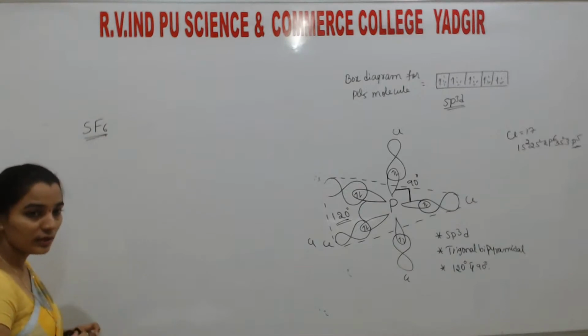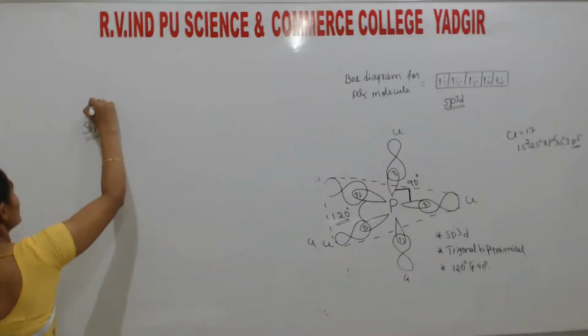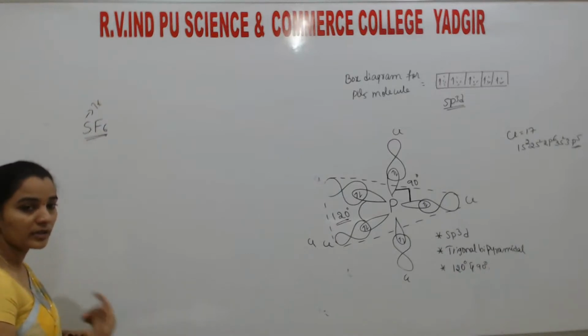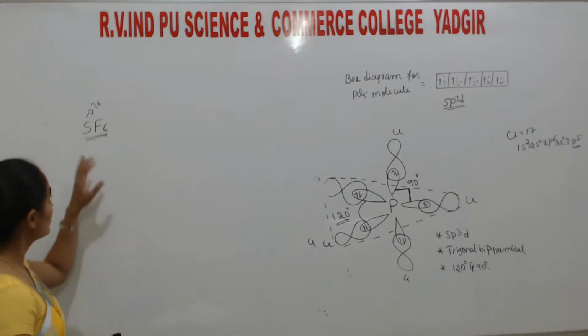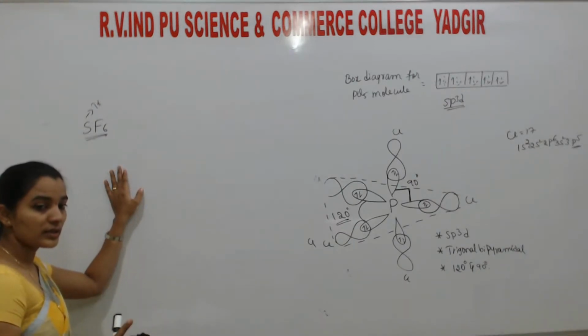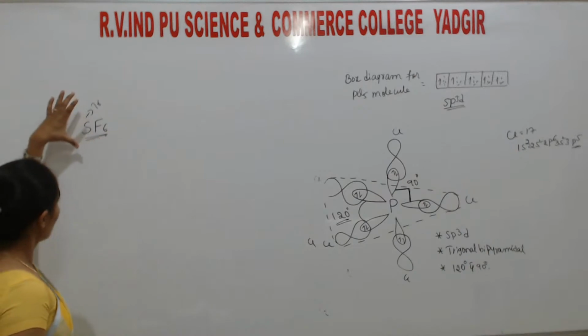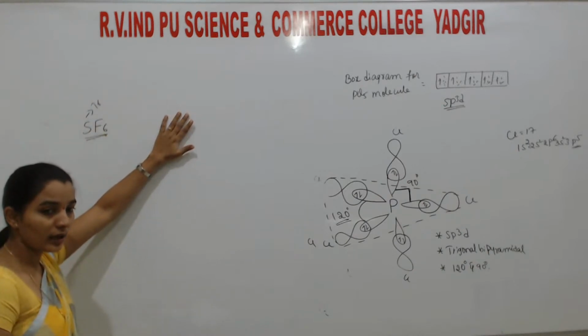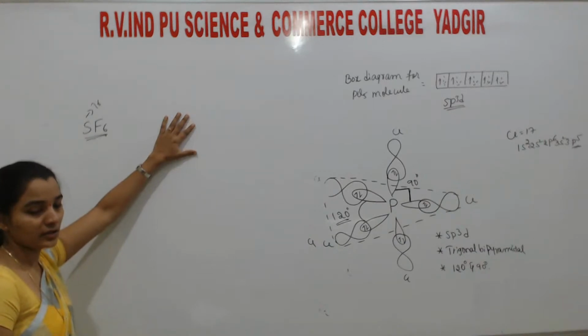Just do it yourself. The atomic number of sulfur is 16. Write the configuration, write the box diagram, excite the molecule, then you will get the hybridization. If you get it, just send the structure of the SF6 molecule in the group. If you don't get it, I'll explain it in the next class.